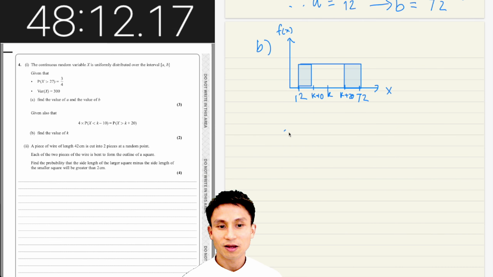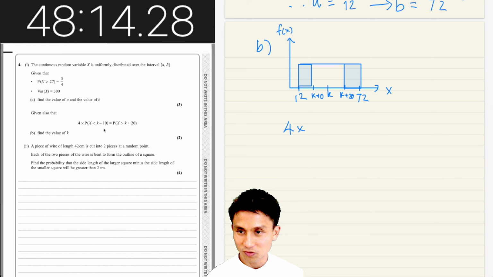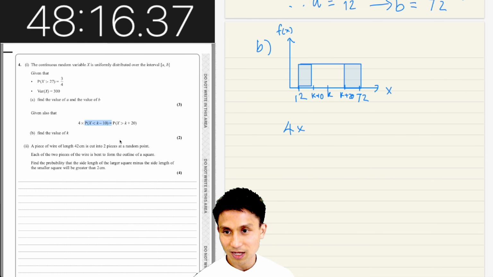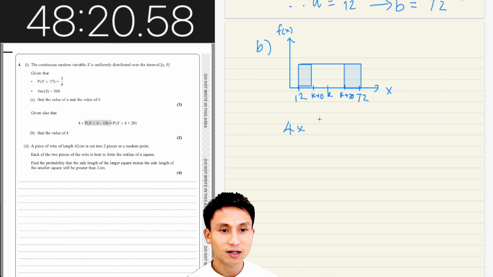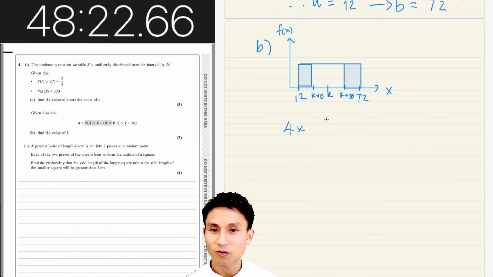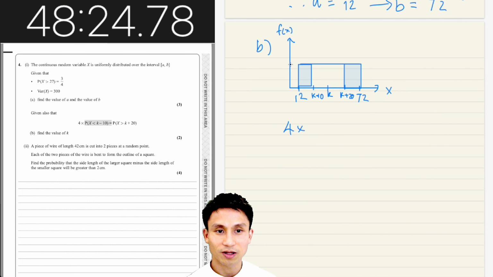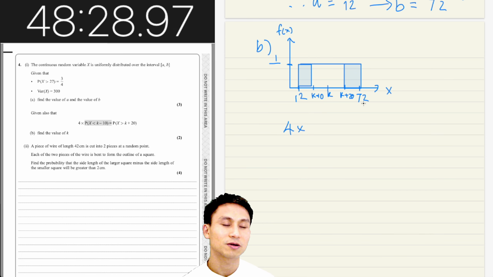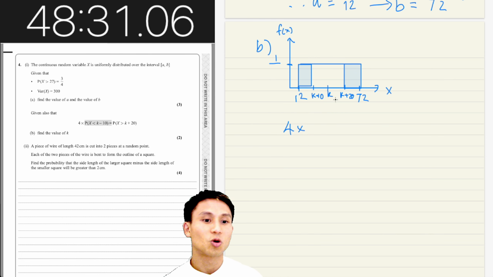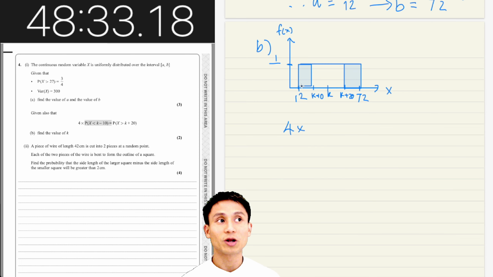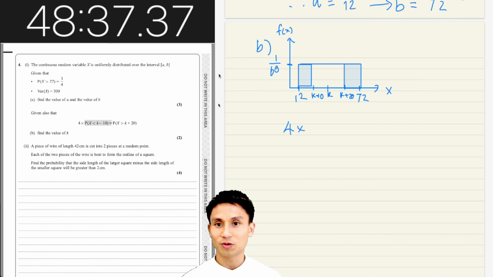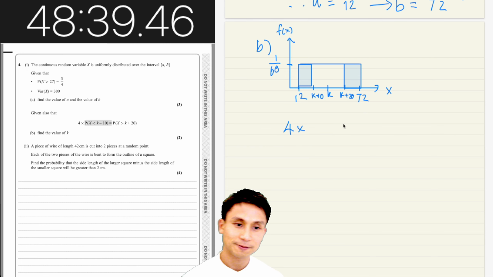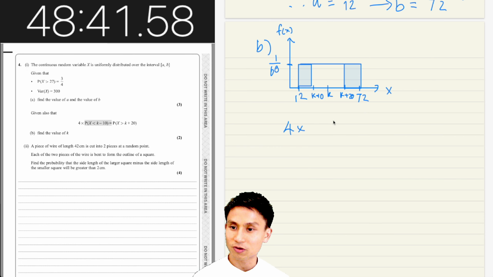So 4 times the area of the smaller part first, which is the left part here. We want the area, and don't forget, 1 over 72 minus 12 is 1 over 60, just following the formula of uniform distribution, because upper bound and lower bound are already found.